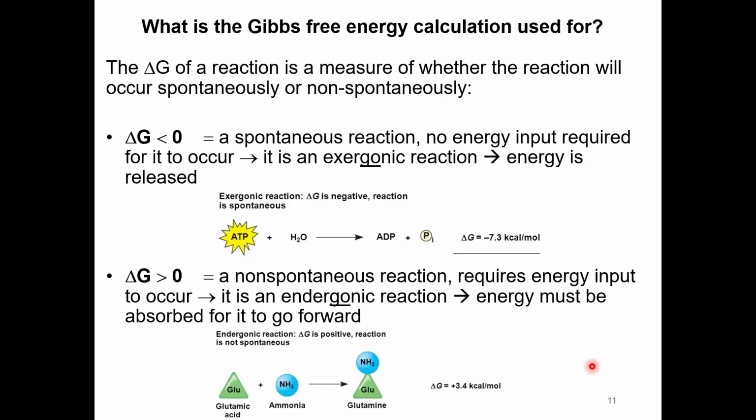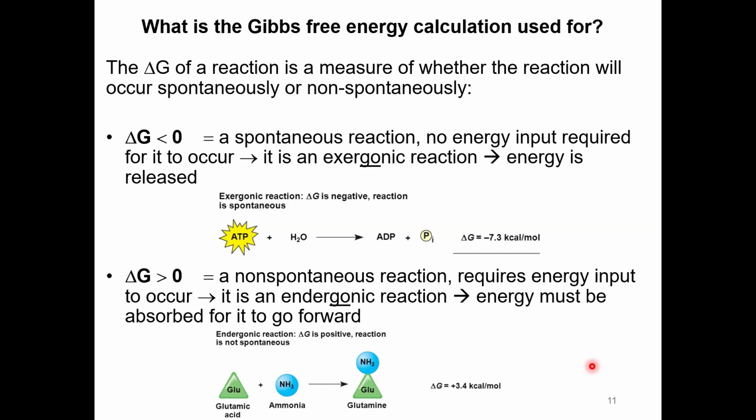Now, why do we need all this? We need to figure out if we need energy or if we don't need energy. This basically tells you if a reaction in a cell or a system will actually occur non-spontaneously or spontaneously.